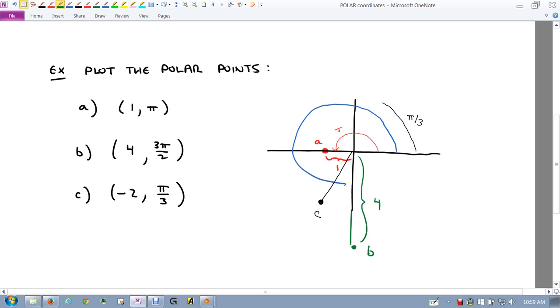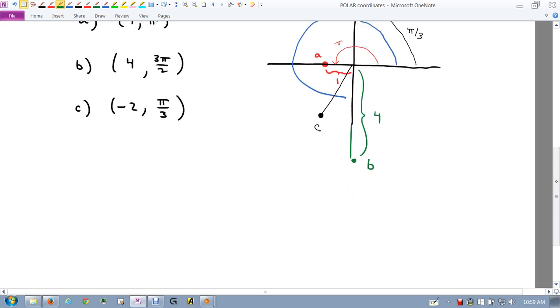Okay, now let's look at something more interesting, all right? And that is, what is the connection between Cartesian and polar? I mean, there's obviously some way to connect the two together, right? So, connections between polar and Cartesian.